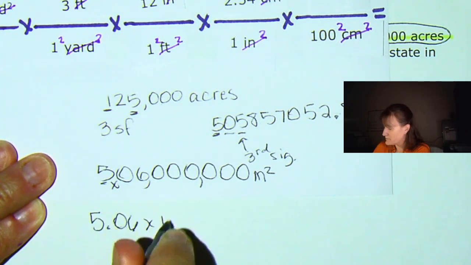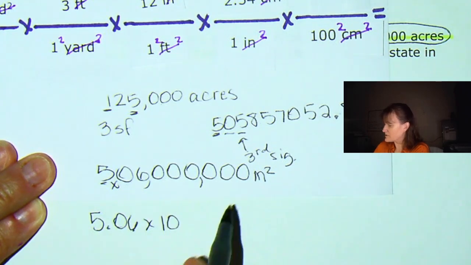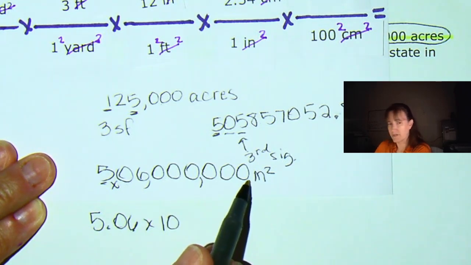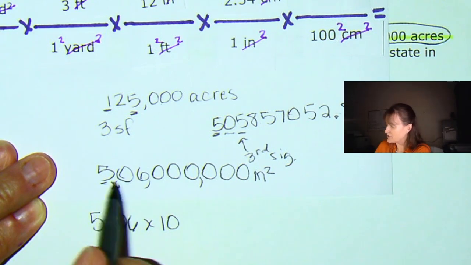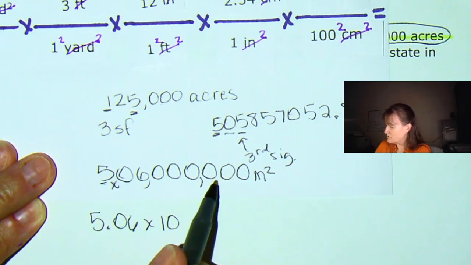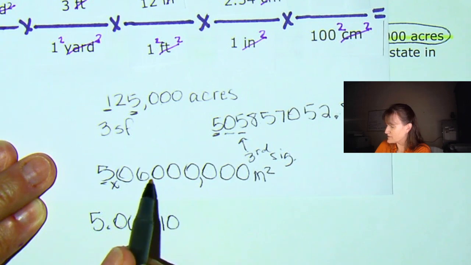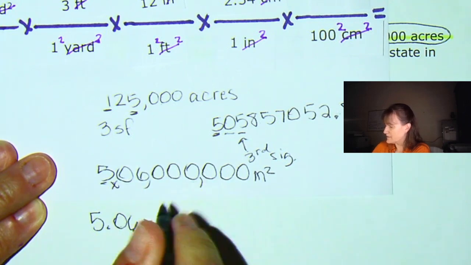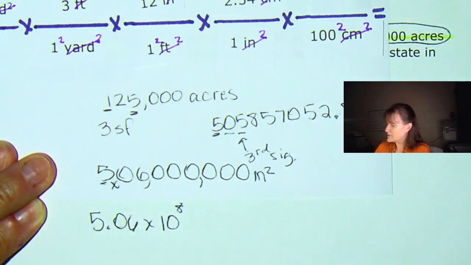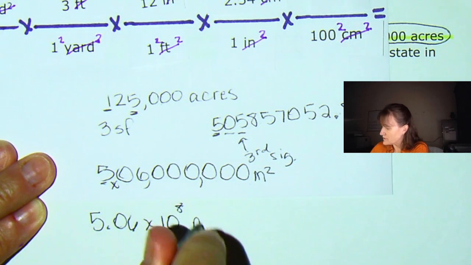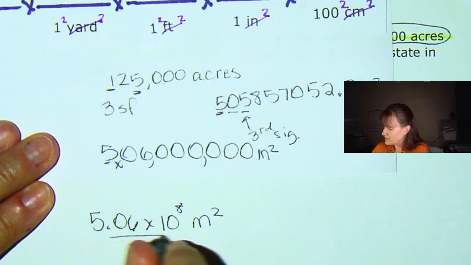And then we do times 10. And we're going to count how many places from where the decimal is understood to be. How many places do we got to move it to go to here? So that would be 1 place, 2, 3, 4, 5, 6, 7, 8. 10 to the 8th. So this number here is the same thing as 5.06 times 10 to the 8th. And then our unit is meters squared.